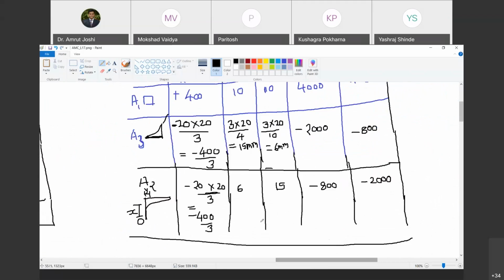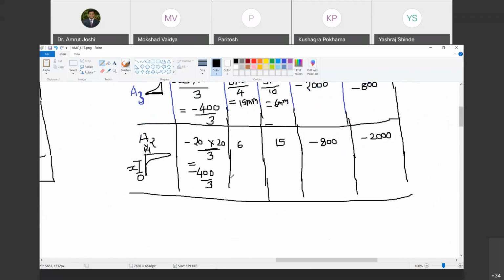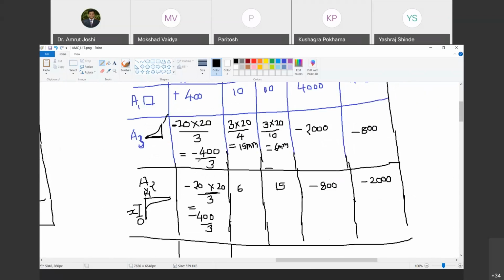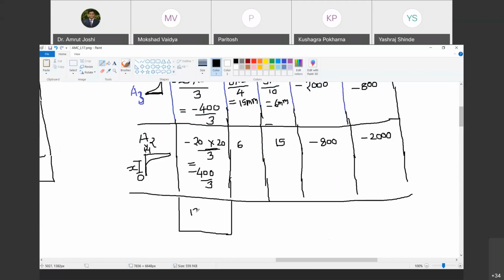Tell me, चलो क्विकली, what is summation A_i x_i? So what is summation A_i? क्या करना पड़ेगा? प्लस 400 माइनस 400 बाई 3 माइनस 400 बाई 3. सो 400 माइनस 800 बाई 3. सो आई थिंक इट इज 400 बाई 3. 133.33 करेक्ट है क्या? Yes, sir. Is it correct?